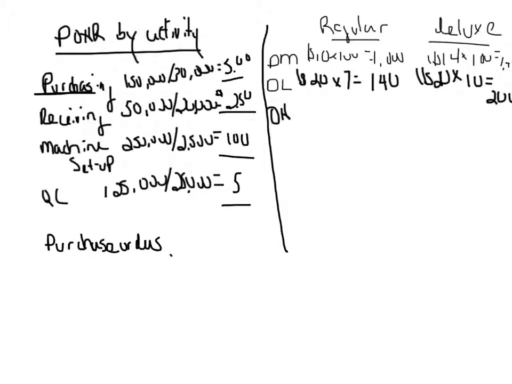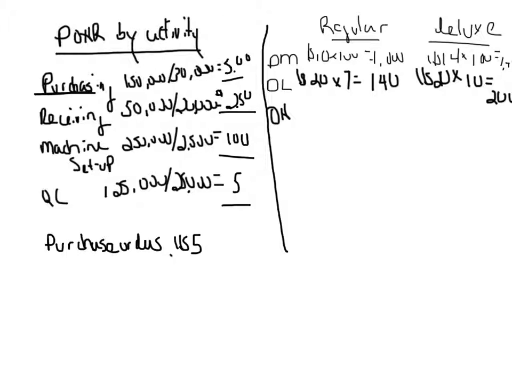So we know we have to use the allocation base of the $5, and then how many purchase orders actually happened? You take the $5 times the 7. Good, 35.